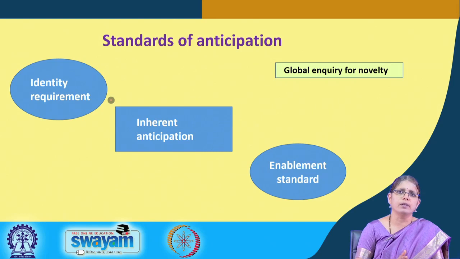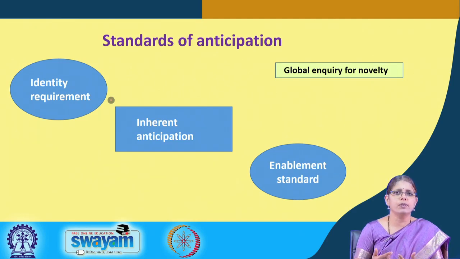The third standard is what we call the enablement standard. Now, enablement standard is another standard which means that when the features are disclosed in the prior art, the feature should be enabling in nature.